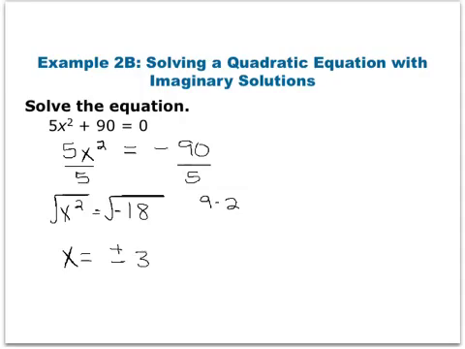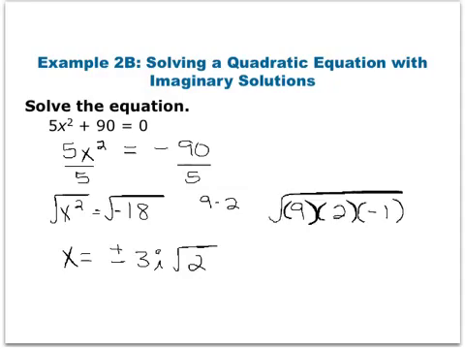Take the square root of 9, you get 3i square root of 2. Okay, I broke that 18 up into a 9, a 2, and a negative 1. I took the square root of 9, I took the square root of negative 1, and there's a 2 left. That's how I got that.